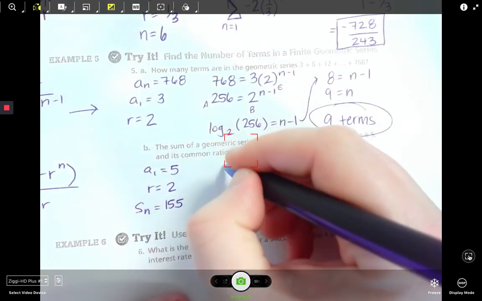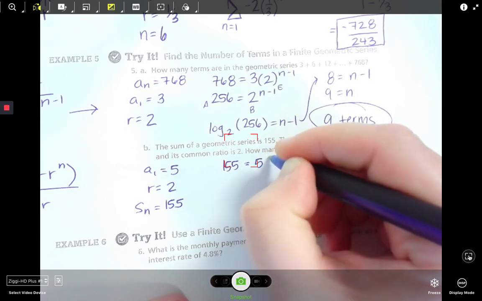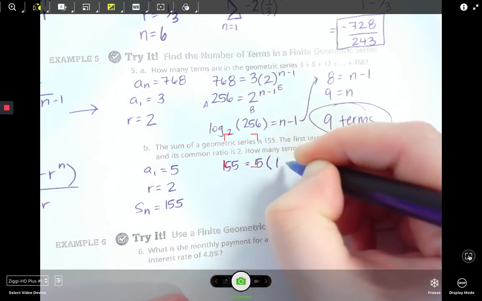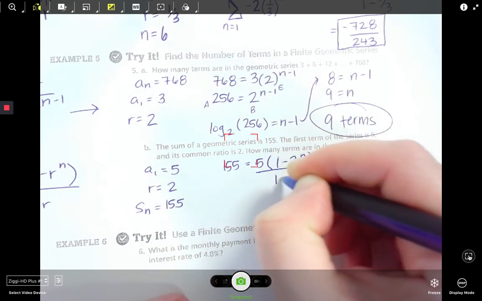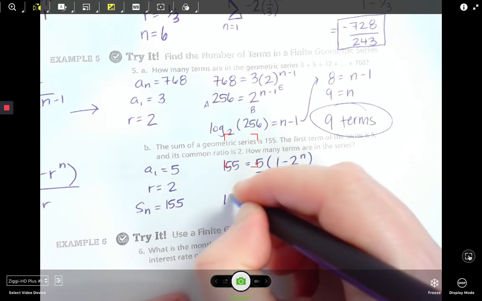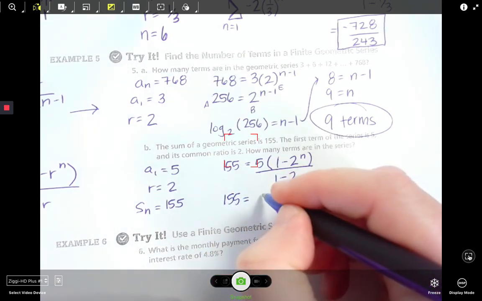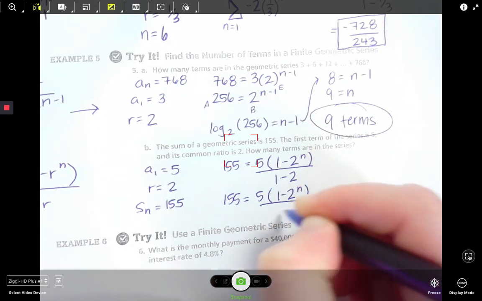So I plug this in. 155 is equal to 5 times 1 minus 2 to the n over 1 minus 2. So I get 155 is equal to 5 times 1 minus 2 to the n over negative 1.